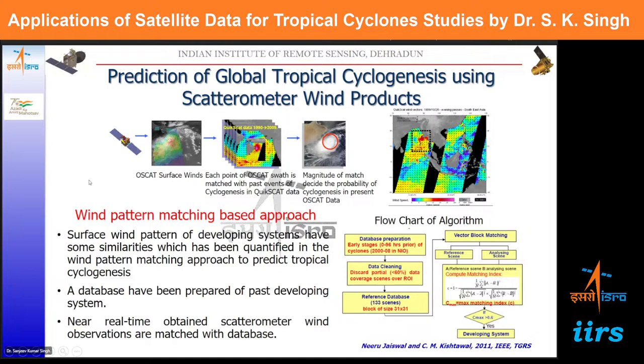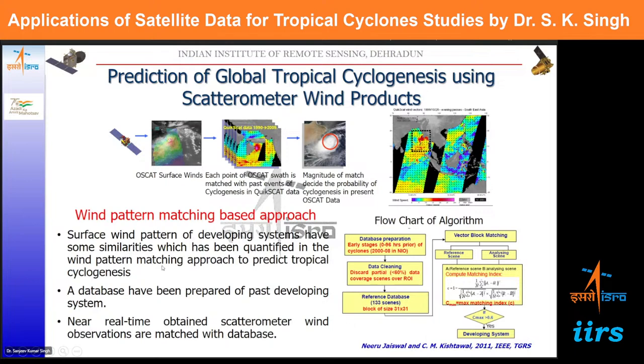Now I'm going to tell you about some more applications of the scatterometer. One scheme was developed by scientists Neeru Jaiswal and Dr. C.M. Krishnamurti for prediction of cyclogenesis using scatterometer wind. They used a wind pattern matching based approach to predict cyclogenesis.